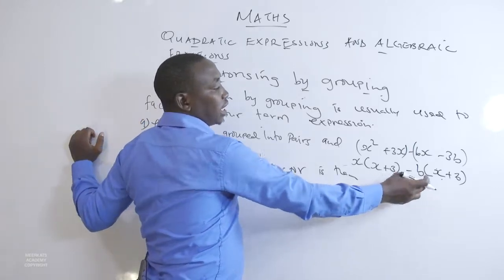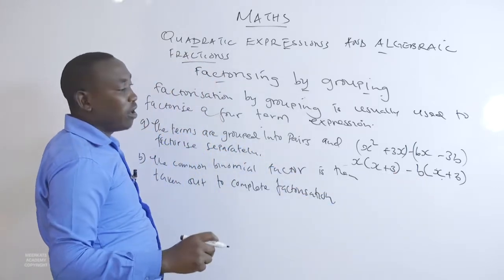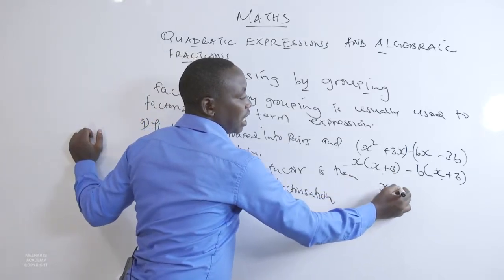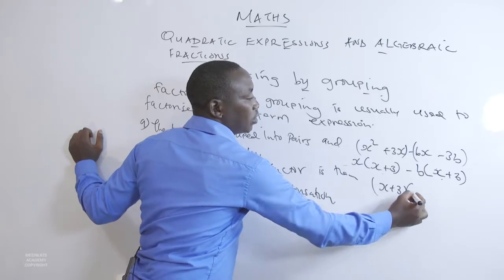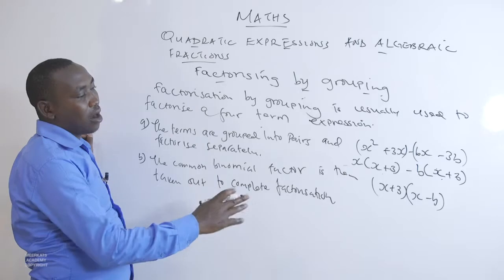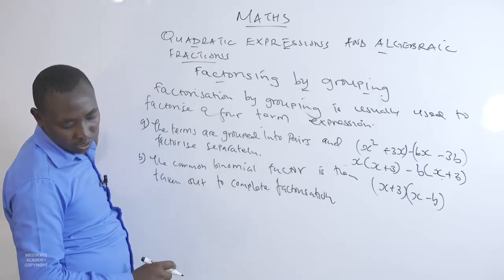So we are saying that we take out the common binomial factor, which is x plus 3. So this will give us (x + 3) into (x - b). And there we will have completed the factorization.